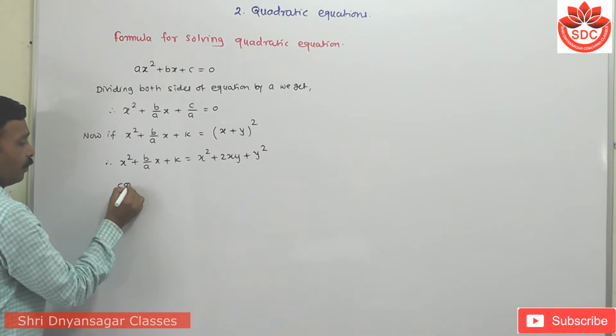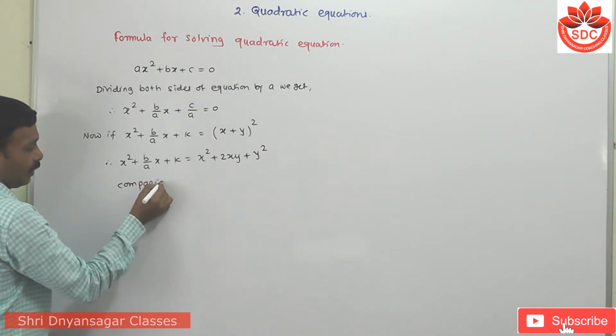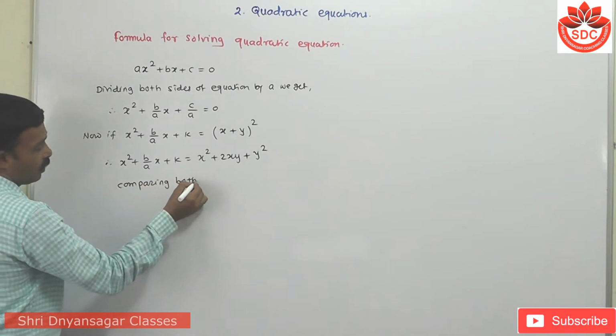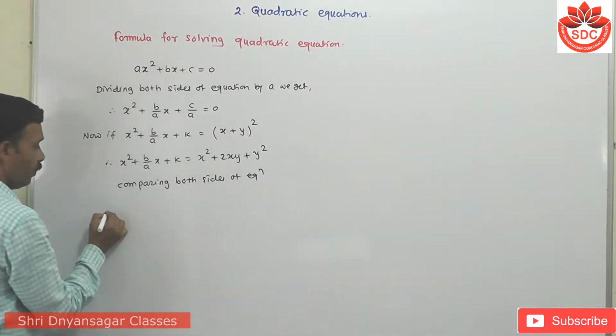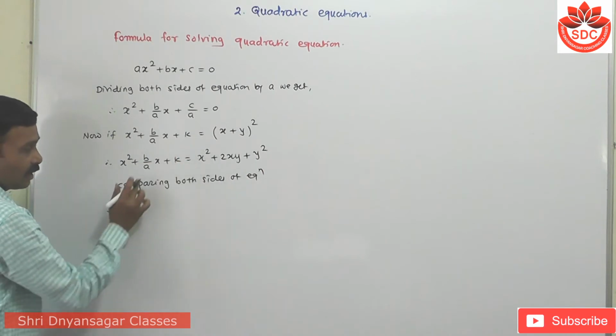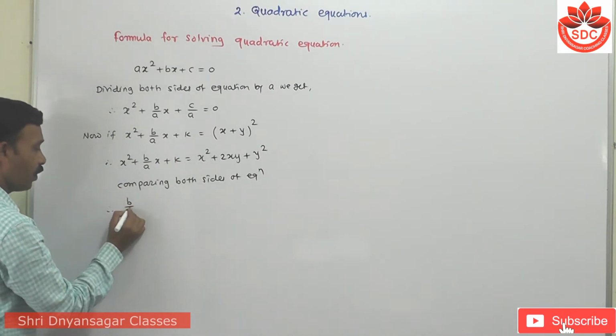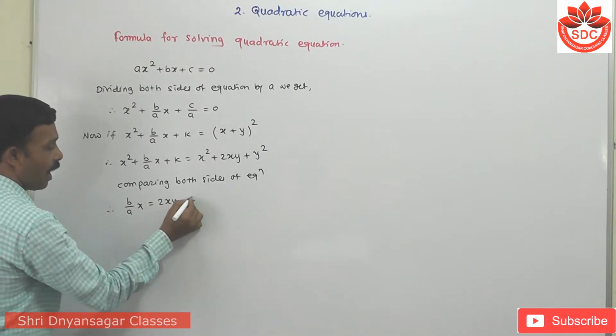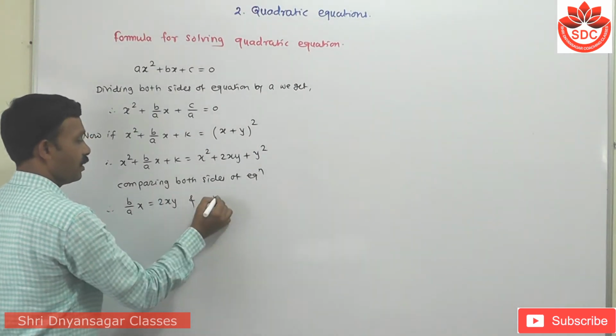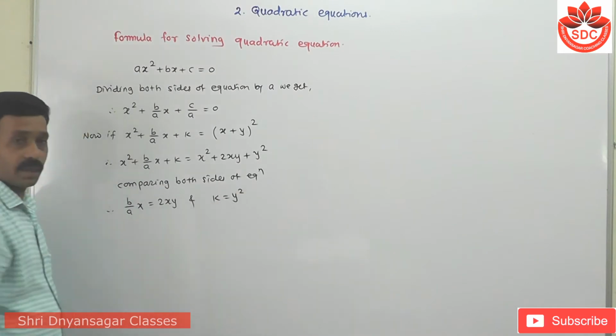Then comparing both sides of the equation, x square is the same, which means b upon a into x equals twice xy, and k equals y square.